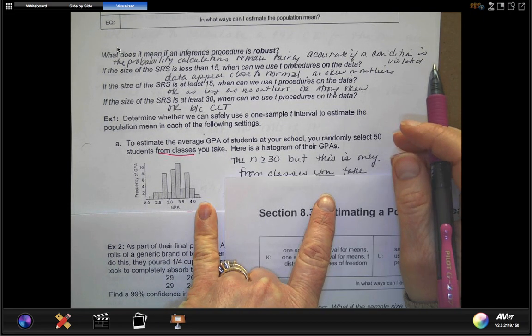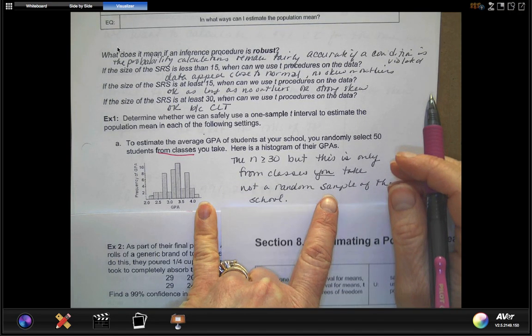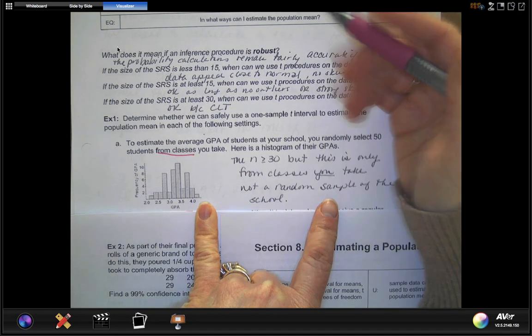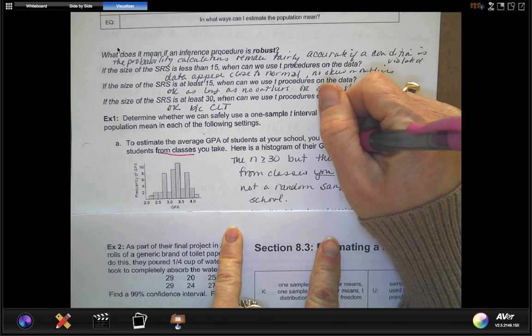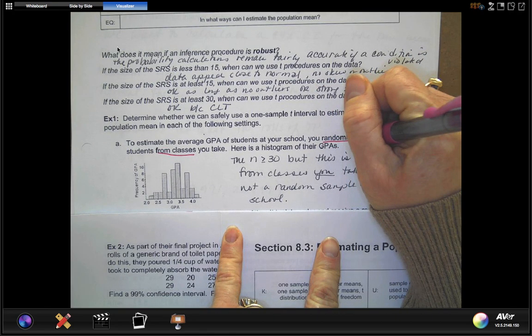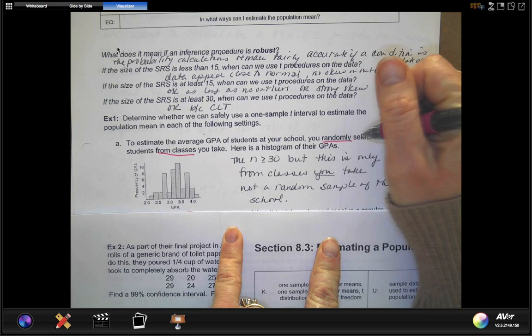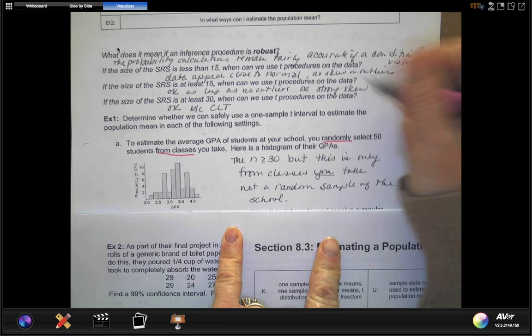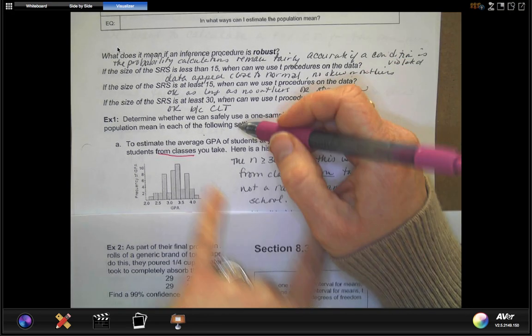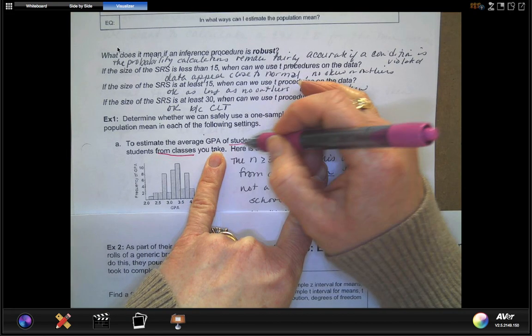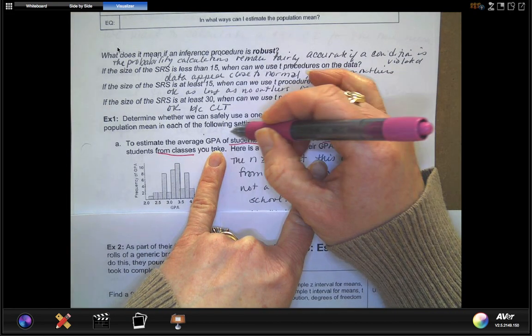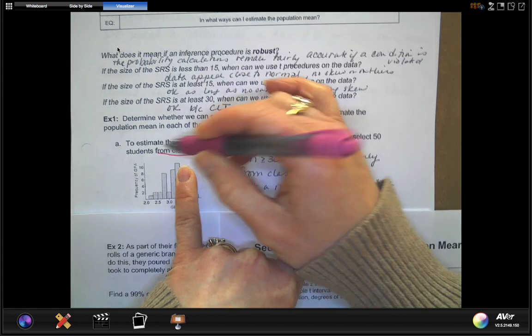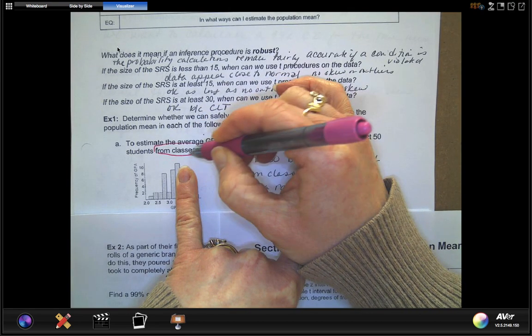But the problem with this one is that it's not the normal check that's actually a problem. It's not that you didn't take a random sample, but the problem is that it's not a random sample representative of what you're interested in. You're interested in estimating the average GPA of the students at your school, but you only took them from students in the classes you take. So here you are sitting in an AP class.